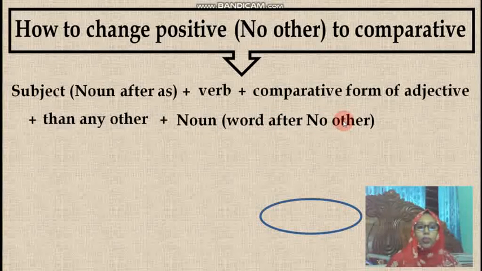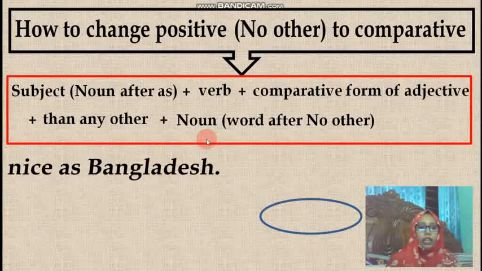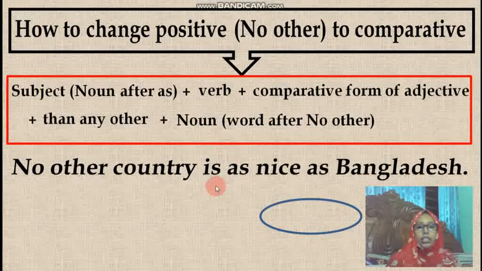For example, here we can see: No other country is as nice as Bangladesh. So here we see "no other" is present in the sentence, and Bangladesh is the last noun after "as".